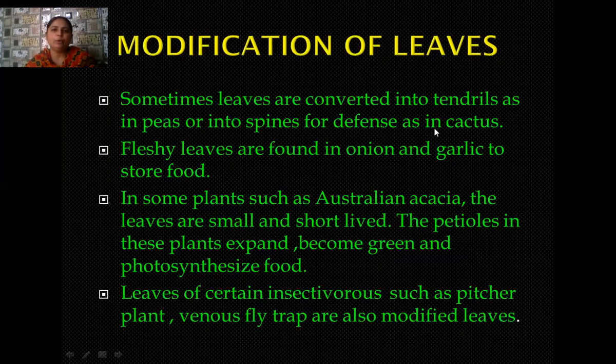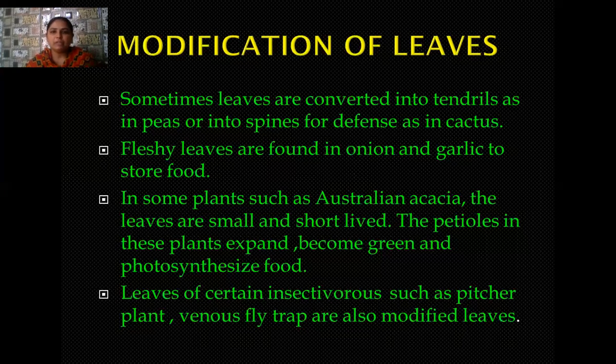We generally grow cactus in our pots for decoration purposes. Next are fleshy leaves. Fleshy leaves are generally found in onion and garlic. When we remove these leaves, the fleshy food material is available to us. Here they are storing the food.